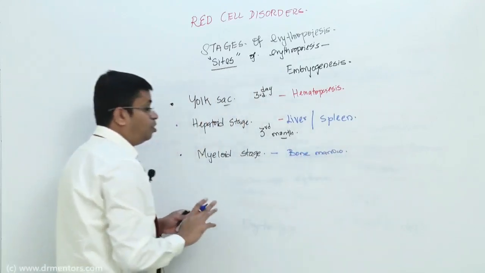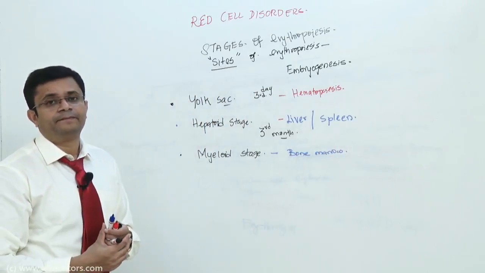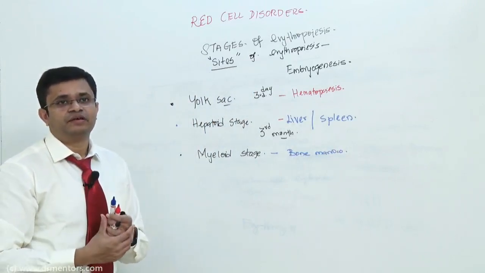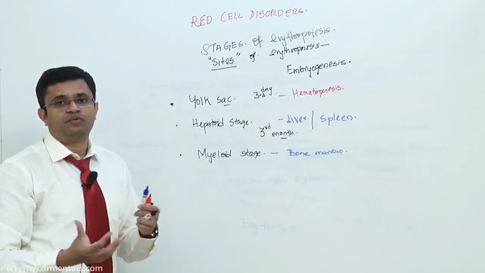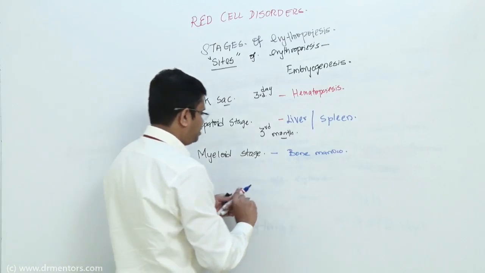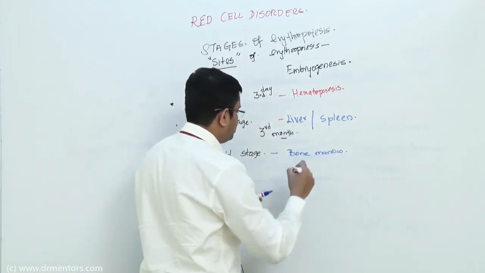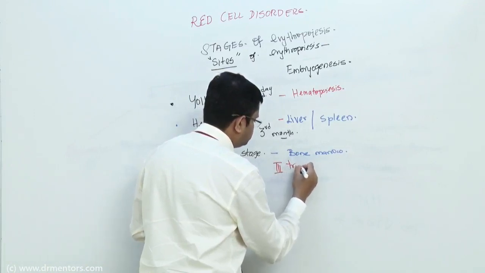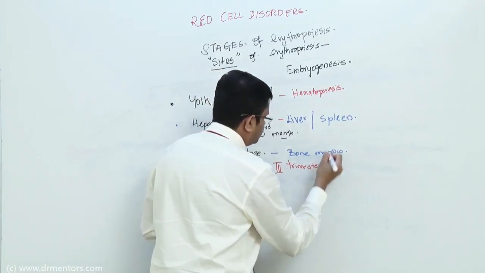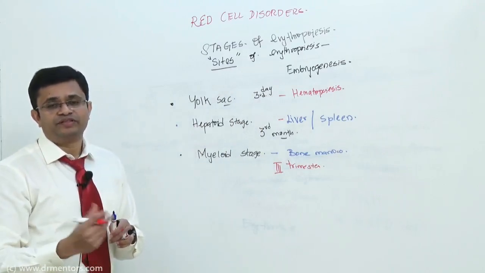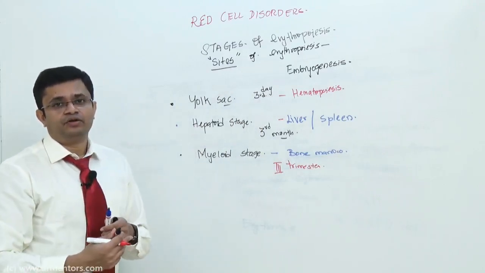That means all the bones in your body, by the time the fetus is completely formed and is about to go into the third trimester. So during the third trimester, that's a very, very important point, the bones will be the major site of hematopoiesis rather than your liver, spleen and lymph nodes.